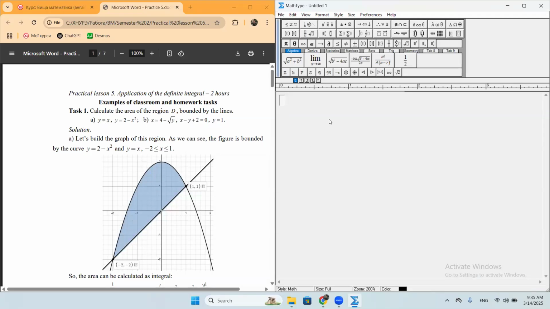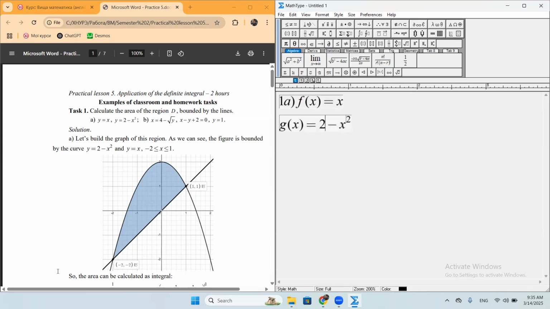So how to calculate it? Let me remind you. We'll solve task 1a, and here we have f of x equals x, and g of x equals 2 minus x squared.